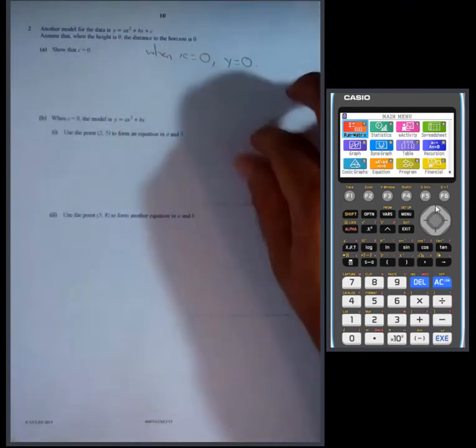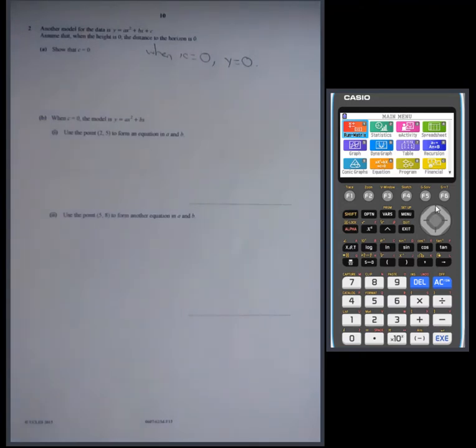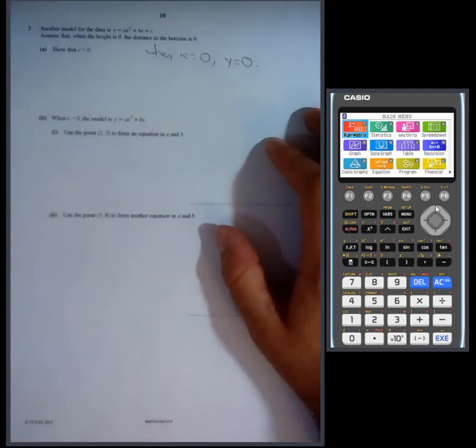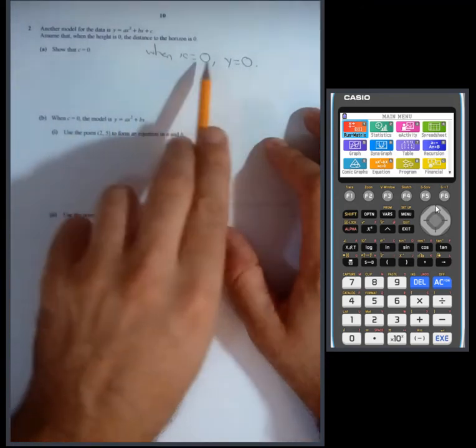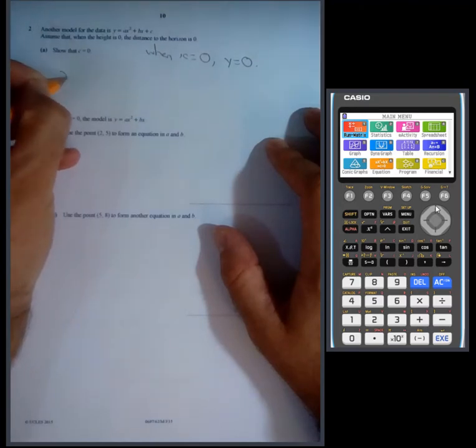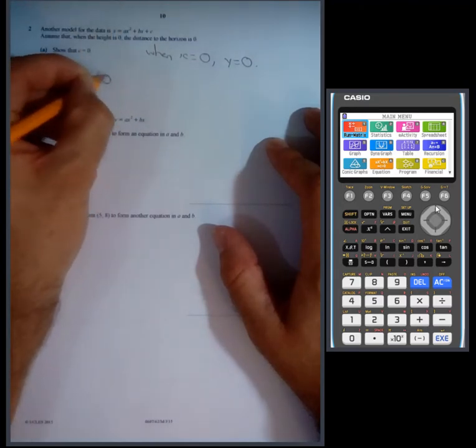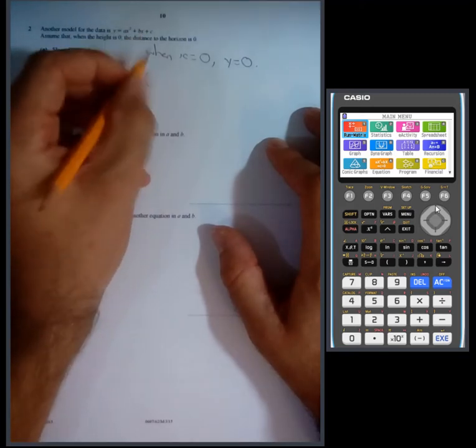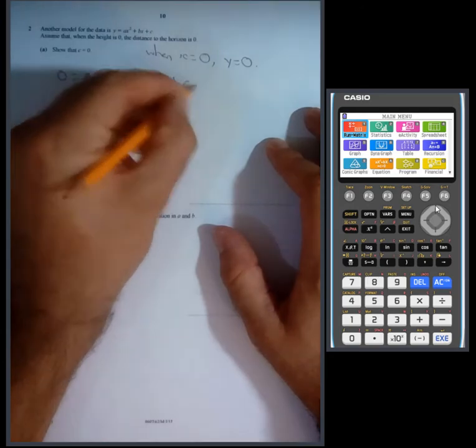Show that c equals 0. So to show that, we need to plug some numbers in and show that it ends up as 0. So we've been told the model is y equals ax squared plus bx plus c. We've been told that y equals 0 when x equals 0, so we sub into here. So y, which is 0, equals a times 0 squared, plus b times 0, plus c.